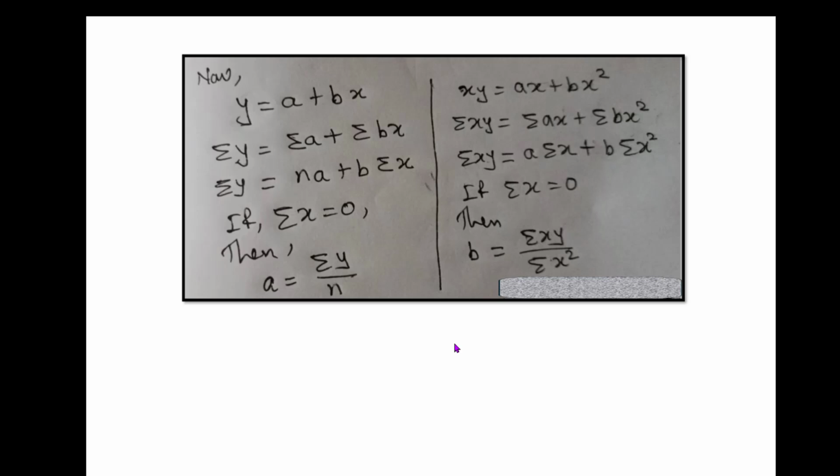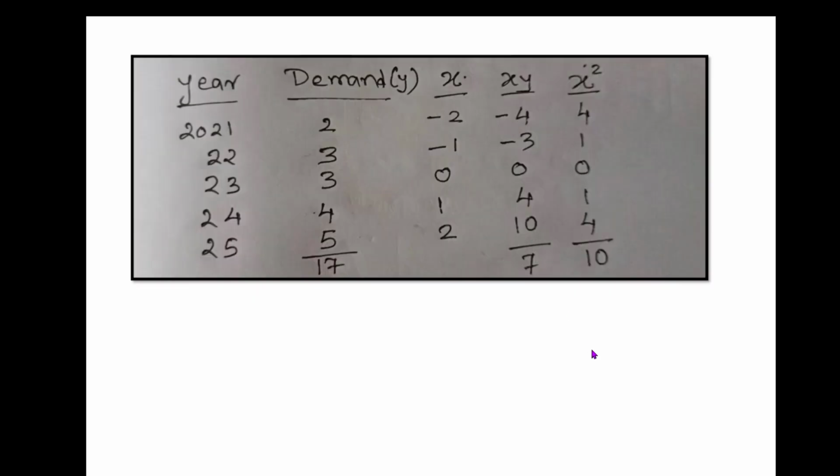But for that I will require the sigma y value, the n value, then the sigma xy value and the sigma x square value. So we will create xy and x square columns. xy will be the multiplication of these two columns, and x square is the square of this, and we will get sigma xy, sigma x square and sigma y.